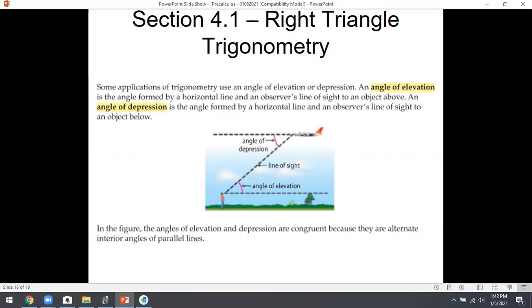So angle of elevation is the angle that the line of sight is above the horizontal. Somebody up in the air, though, might look down, and this angle below the horizontal, for somebody else, is called your angle of depression. So really, you just got to know angle of elevation means an angle that's pointing upwards. Angle of depression is an angle pointing downwards.